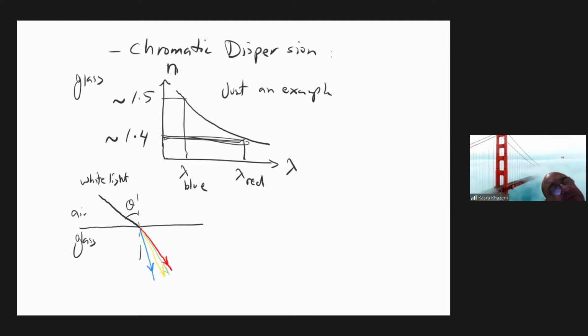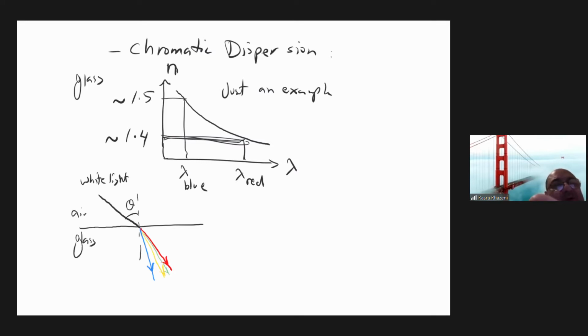They each have their own angle of refraction. This is the basis for the rainbow effect in the sky when you have water droplets.